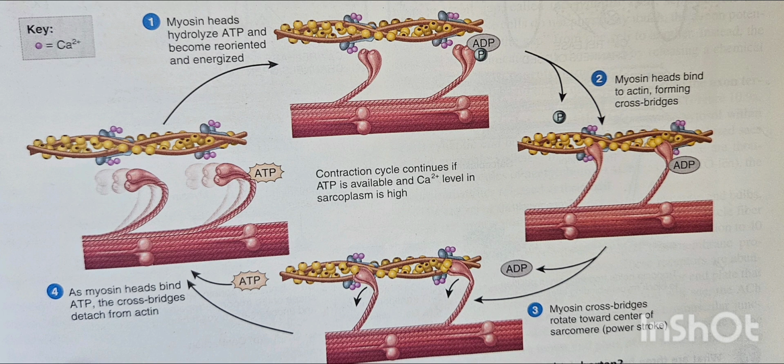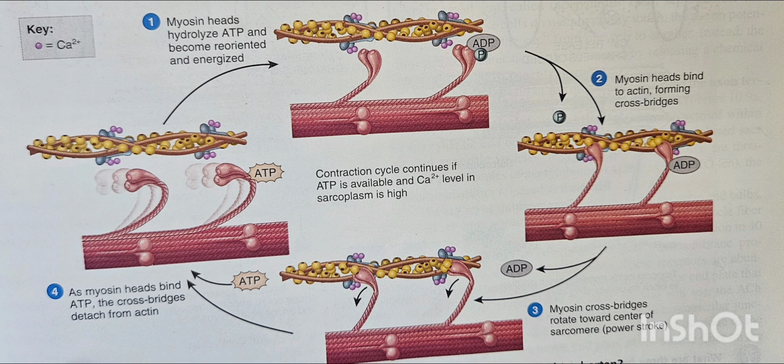Step 1. ATP hydrolysis, or creating energy and turning on the myosin head. The myosin head, or the moving fist, involves an ATP binding site and an ATPase, which is an enzyme that hydrolyzes or breaks down the ATP into ADP.